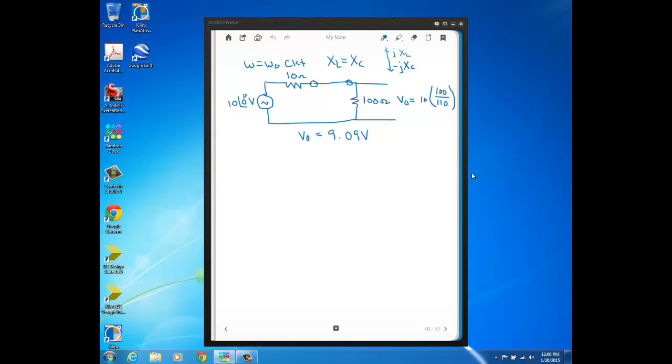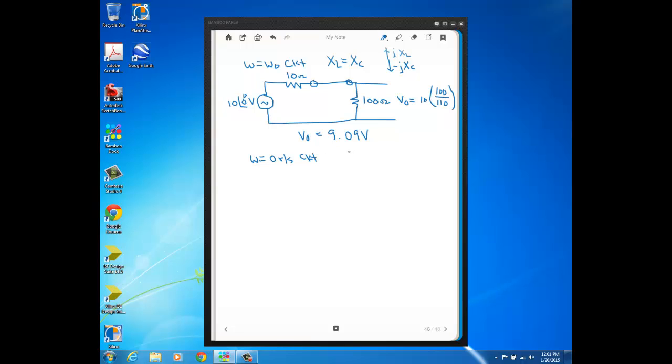Okay, well we can also get the V out for, let's say, omega equal to 0 radians per second, which is DC.